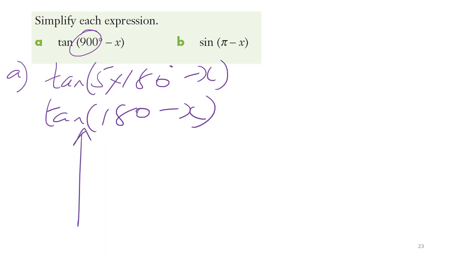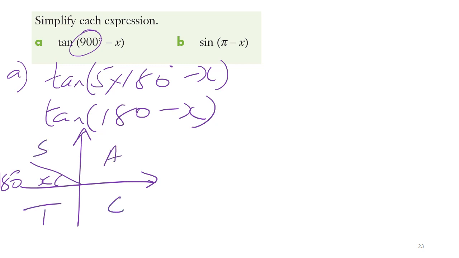So draw yourself a picture. 180 degrees is here, take x, so 180 degrees take a little bit of x, so we're talking about the angle here. Okay, what do you do next? Cast, right? Because we want to express it in terms of an angle at the first quadrant. At the second quadrant, would tan be positive or negative?